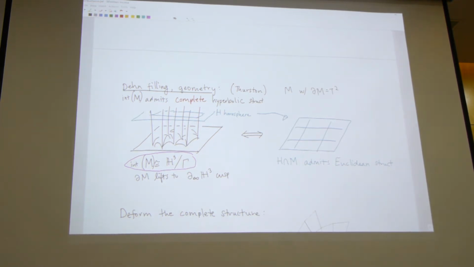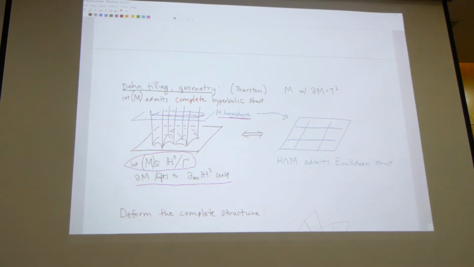Sorry, I should say a tubular neighborhood of the boundary is going to lift to some sort of a horosphere. And if you look at the intersection of that horosphere with the manifold, then a fundamental domain for that is going to give the fundamental domain of a torus.